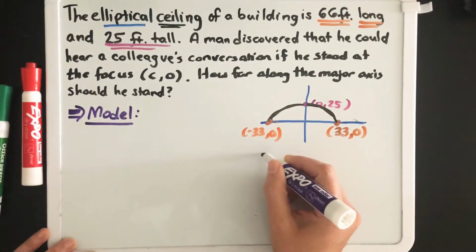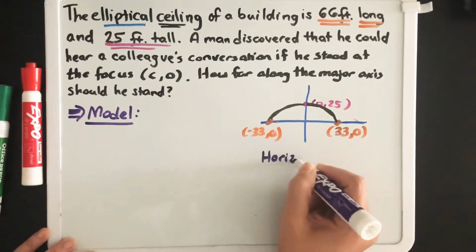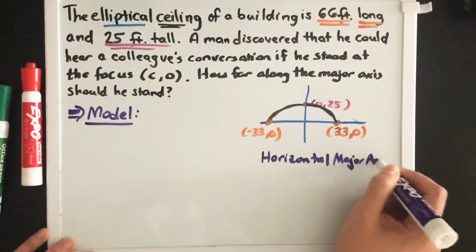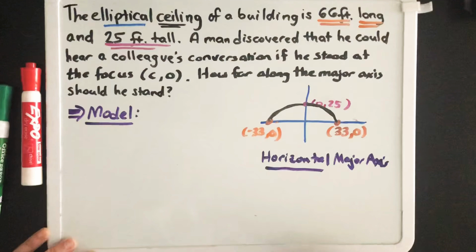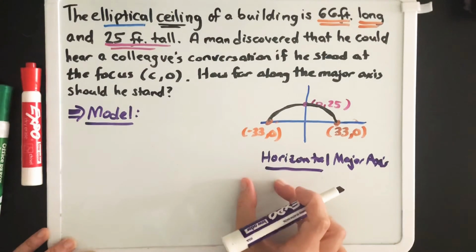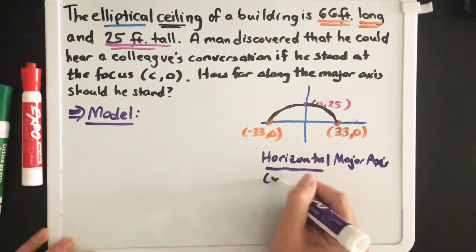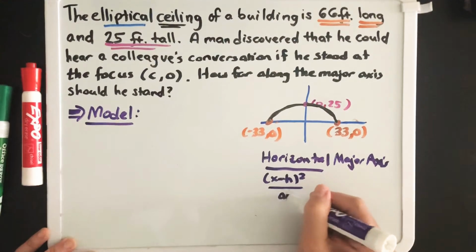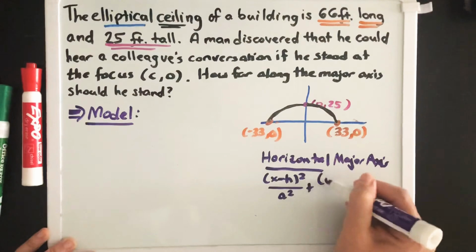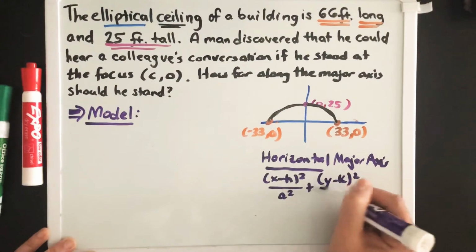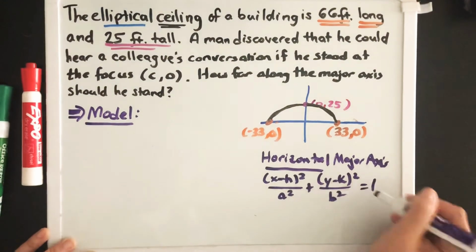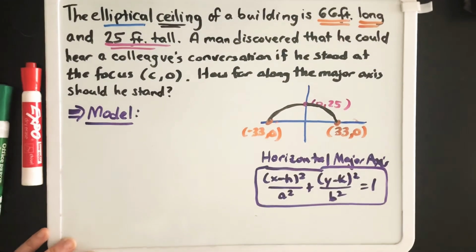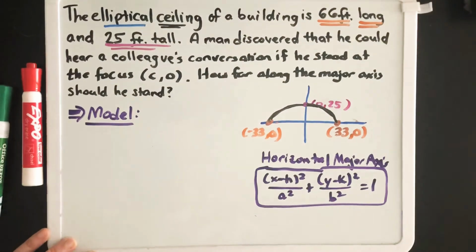So if it's a longer horizontal side, we would say it has a horizontal major axis, which would mean, if you remember the formula, x minus h squared over a squared plus y minus k squared over b squared equals 1. That would be the standard form for an ellipse with a longer horizontal axis than vertical.